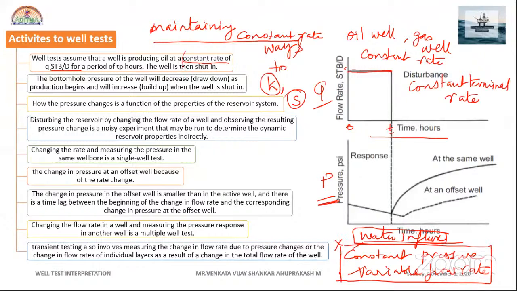The next point is that the bottom hole pressure of the well will decrease as production begins and will increase when the well is shut in. Imagine this is your well, above which you have a tree, and this is your formation from where you are producing.